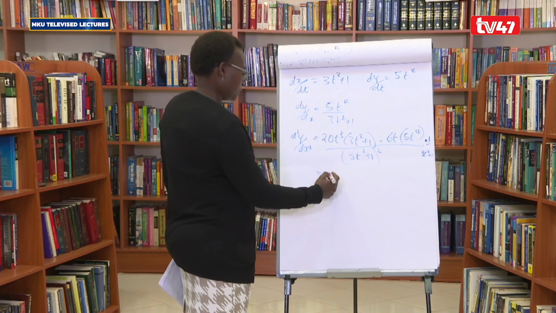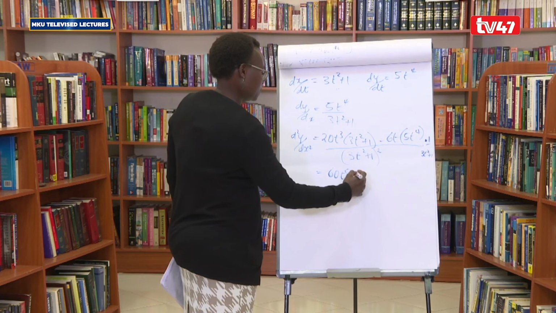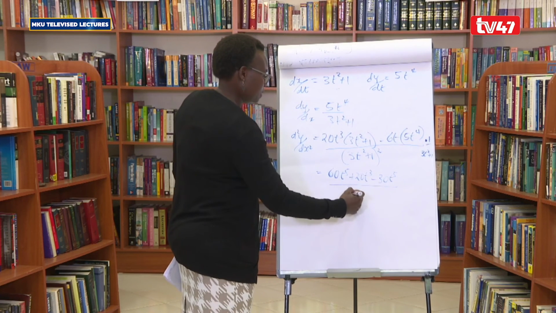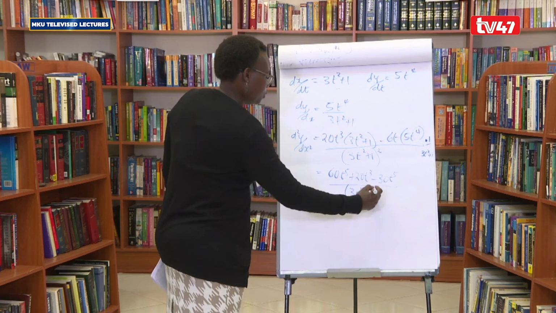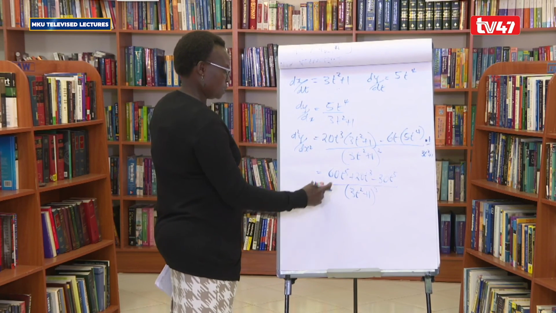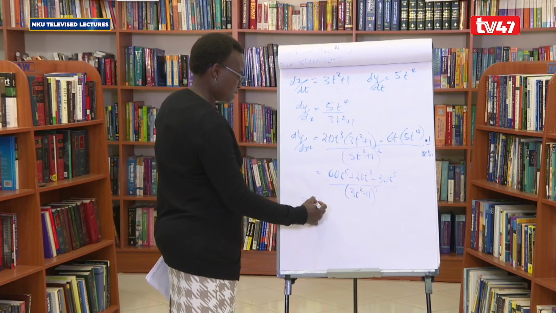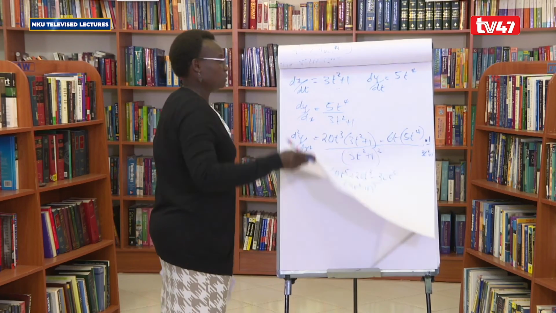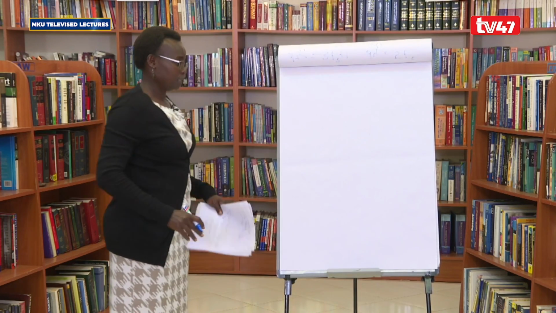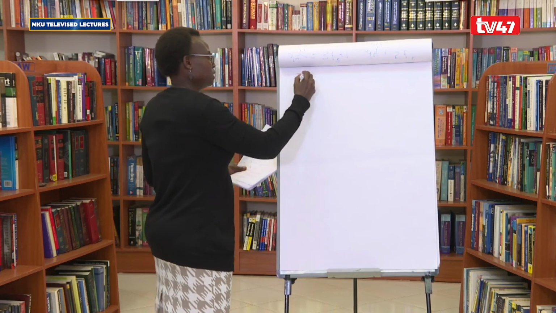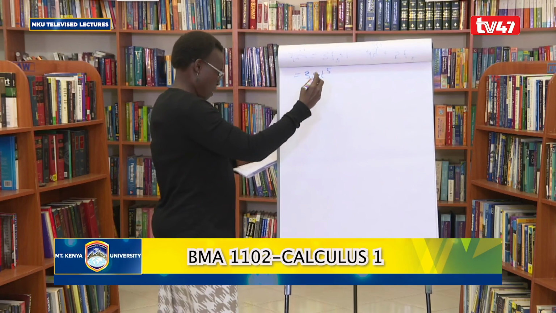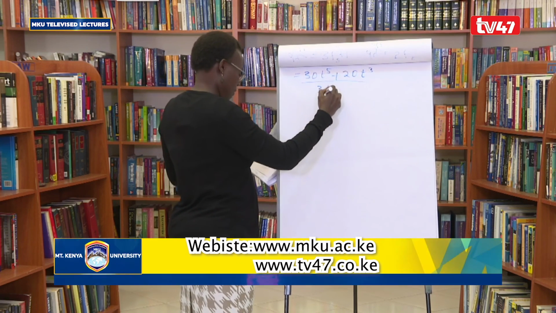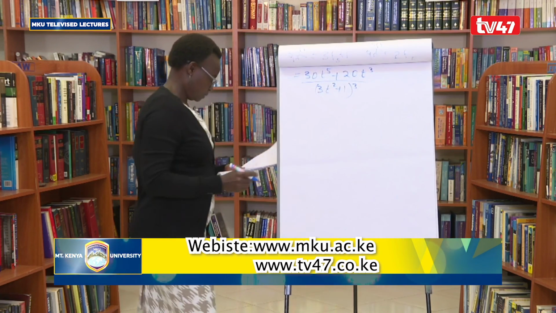This gives us 60t raised to power 5 plus 20t cubed minus 30t raised to power 5 over 3t squared plus 1 cubed, so our answer is 30t raised to power 5 plus 20t cubed over 3t squared plus 1 cubed.